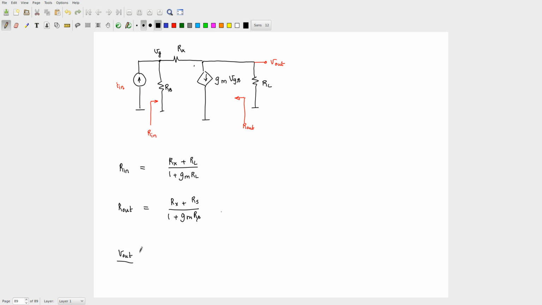And V out by I in, you can work this out and this will become minus, a slightly messy expression, but I'll leave it at that. You can check that this is indeed correct. We have already done it in a slightly different form earlier. Divided by GM RS RL plus RL plus Rx plus RS.